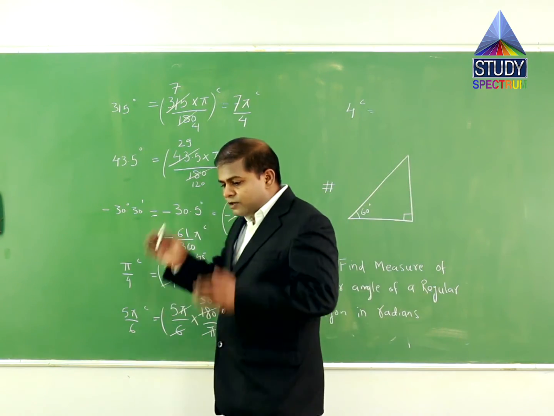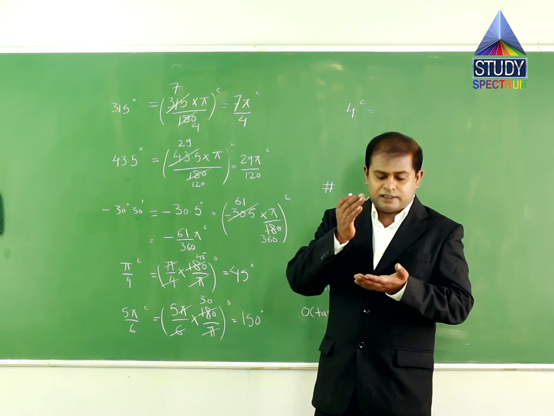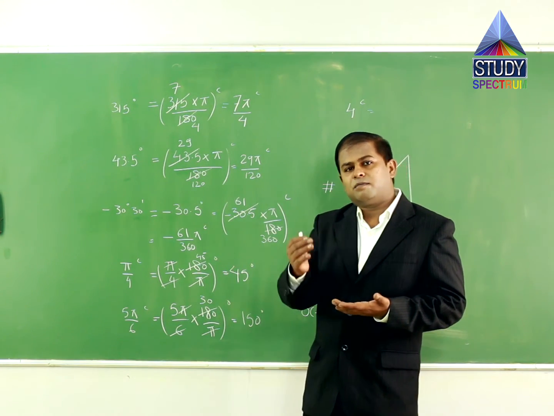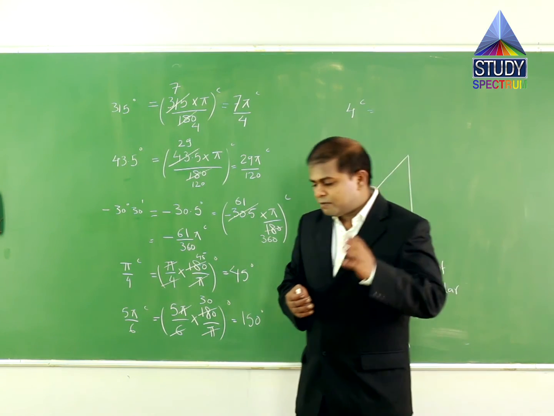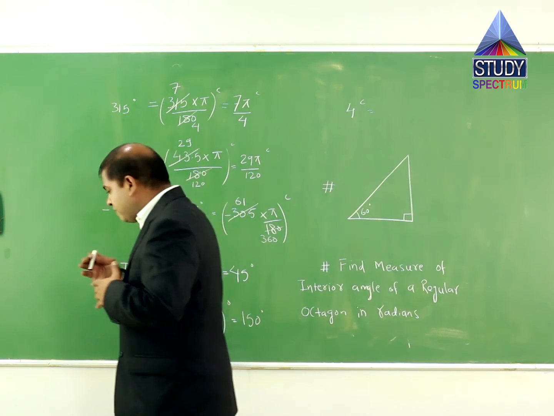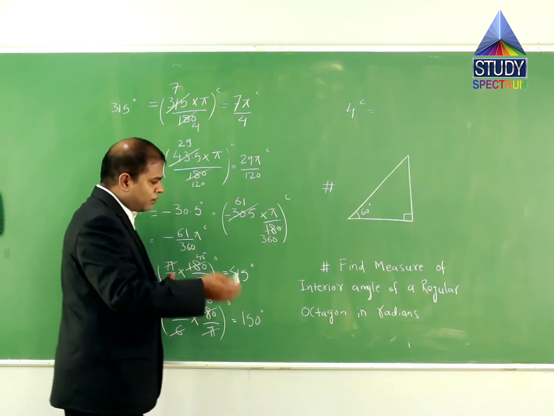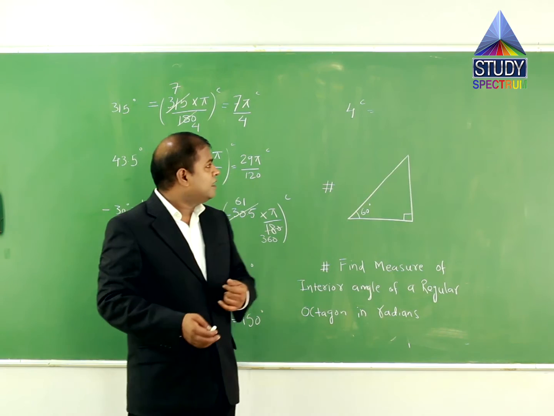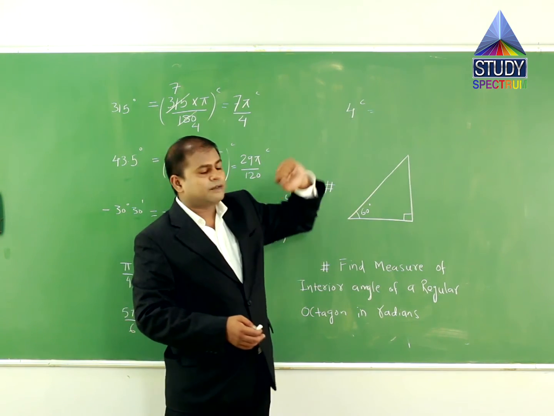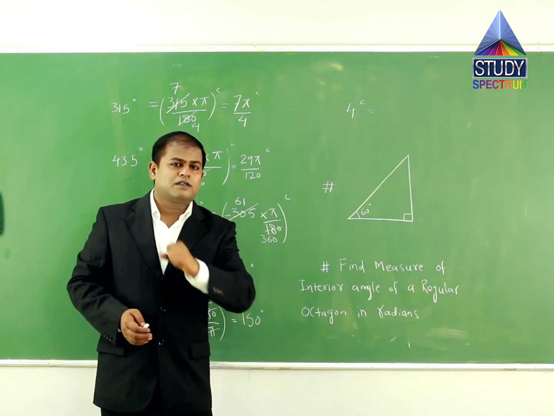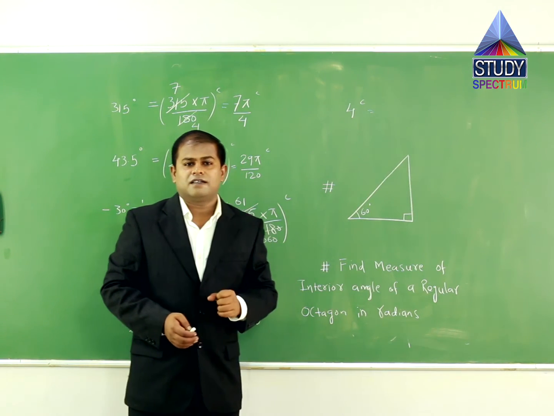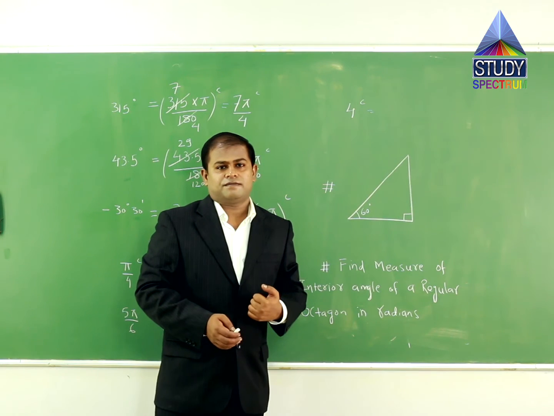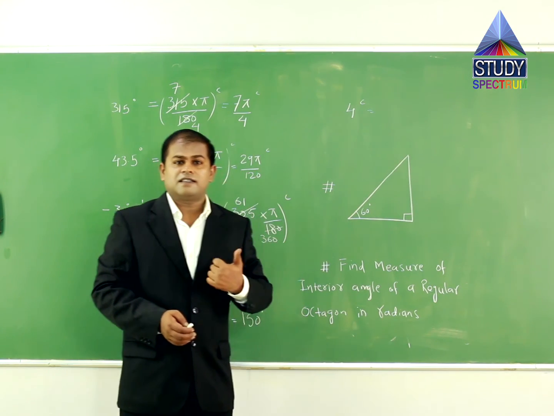And students form a concept that if the angle is written in terms of pi, then it must be a radian measure, and if it is written in numbers, then it must be a degree measure. But that is wrong. In fact, in calculus, or even in physics and other subjects, if the superscript is not given and just 4 is written, by default it is radian measure.